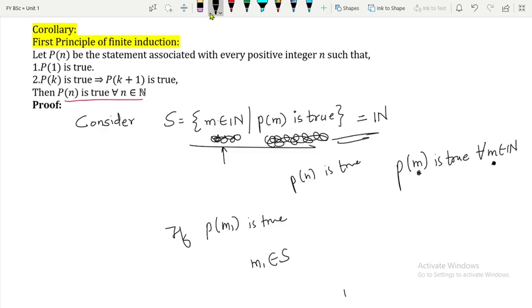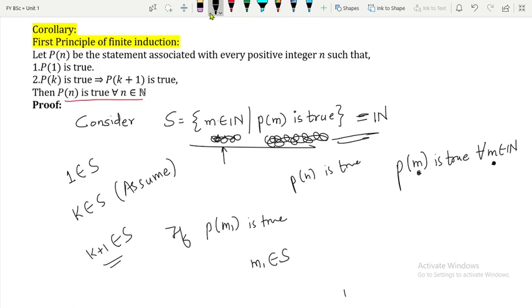Right? So in order to use the last theorem, what will I have to do? I will have to show that 1 is in S. Second, I will assume that k belongs to S, and with the help of this I am going to prove that k plus 1 belongs to S. And once I prove this, according to the last theorem, what can I say?